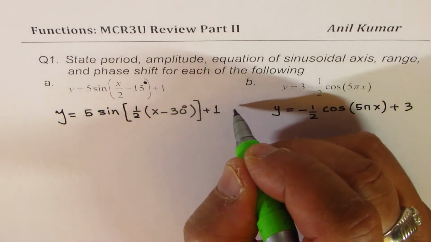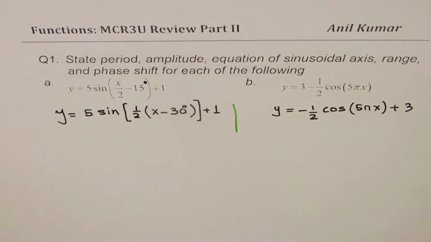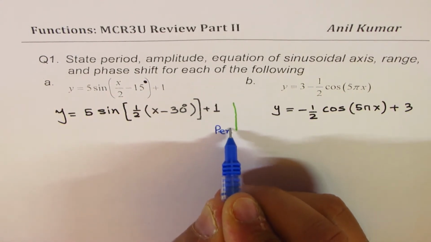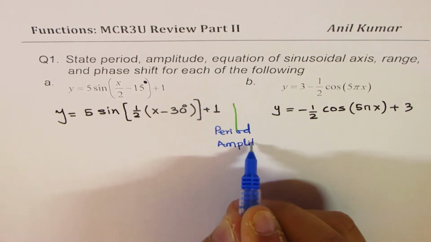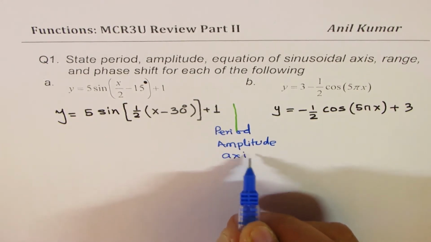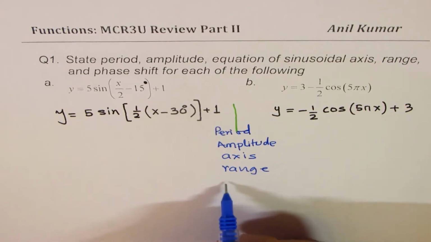Now I think it's easy to write the characteristics. So let's begin with all these characteristics one by one. We'll try to give what is the period. So we want to write what is period, what is amplitude, axis, range, and phase shift.